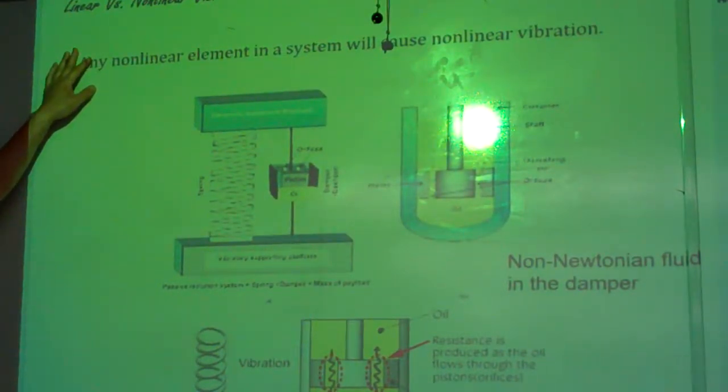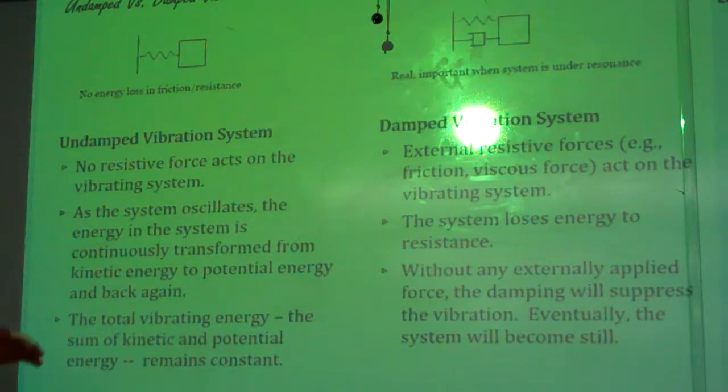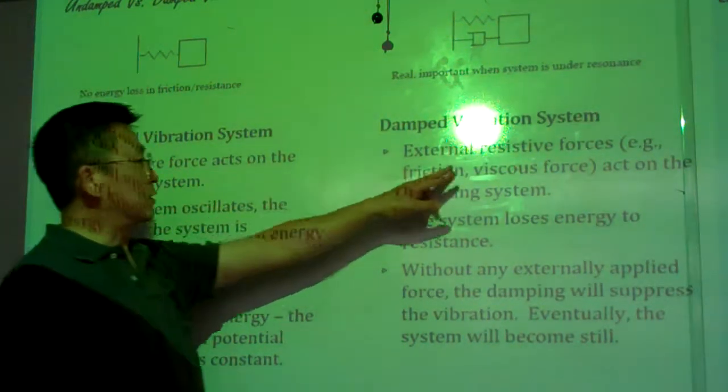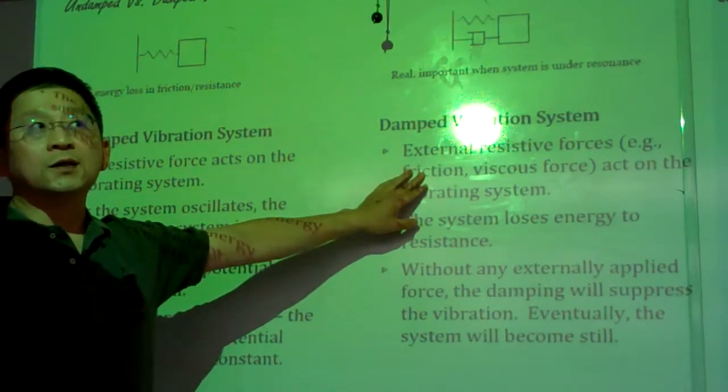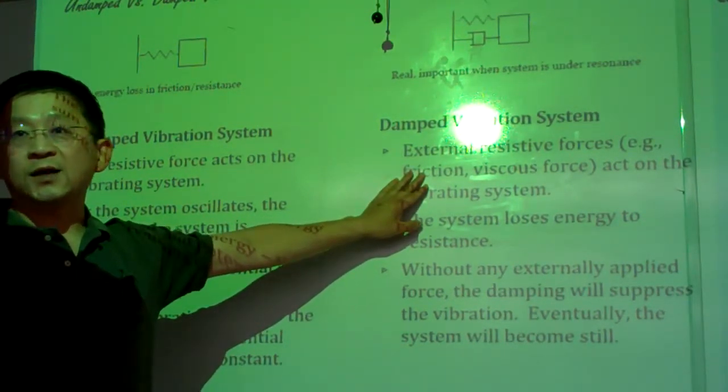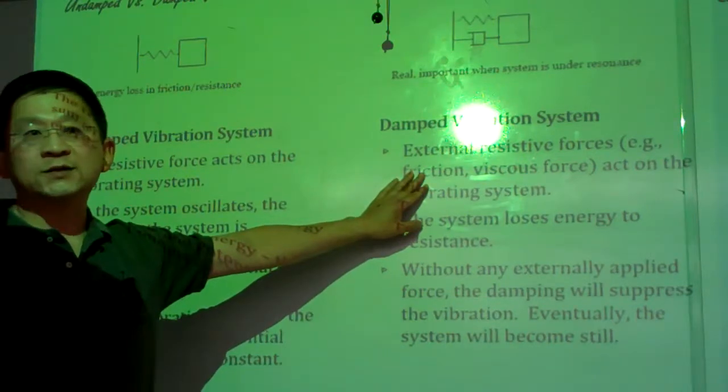My goal is we go over the most fundamental and common terms in linear vibration systems. The Coulomb friction, which is a nonlinear term, we won't touch it. Okay.